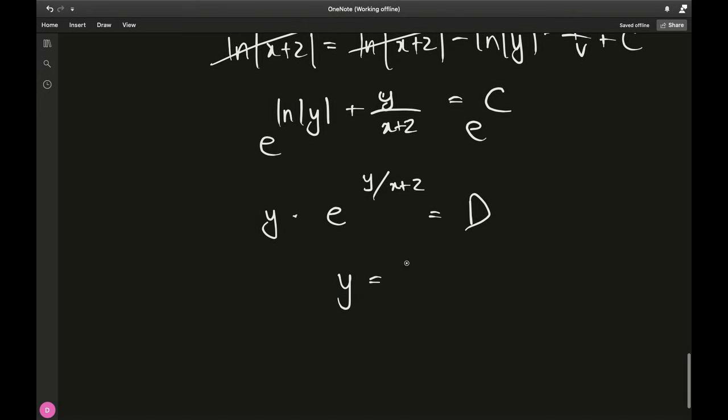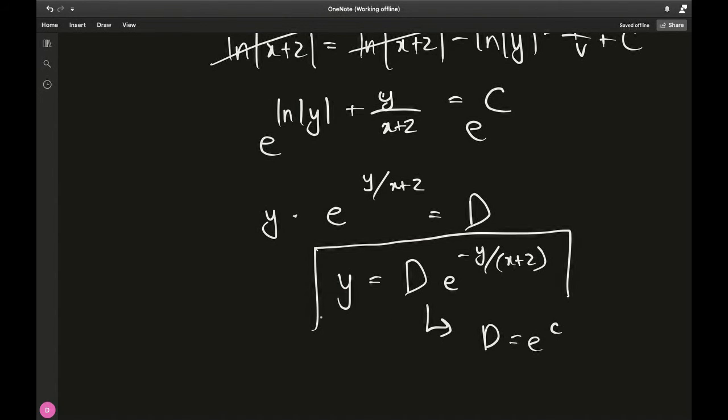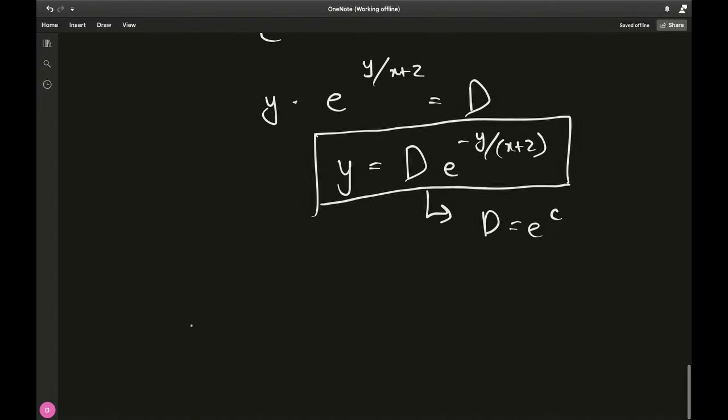So y is actually d times e to the negative y over x plus 2, and d, I want to remind you, is e to the c. So this is our general solution to the differential equation.